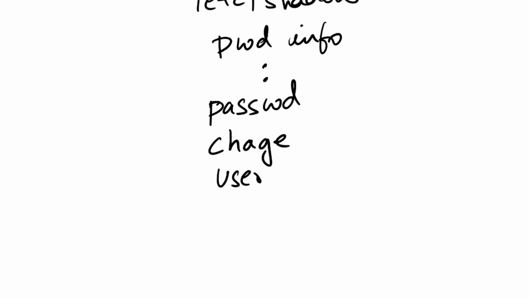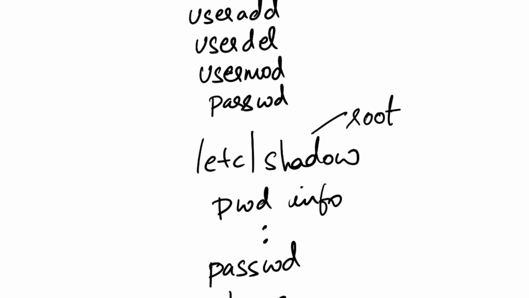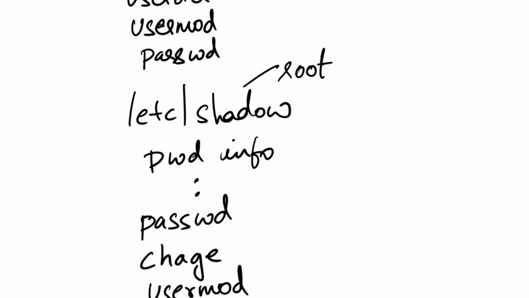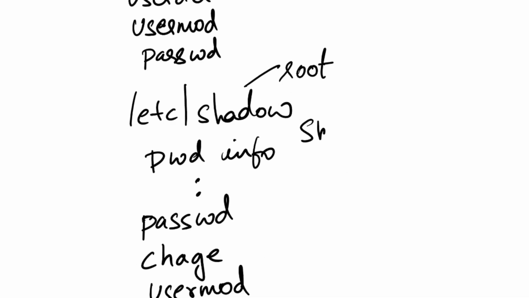Then usermod, used to modify user attributes including password related settings. Password hashes stored in the /etc/shadow file are securely hashed using algorithms like SHA-512, making it difficult to retrieve the original password. Now let's see how user accounts are typically managed.